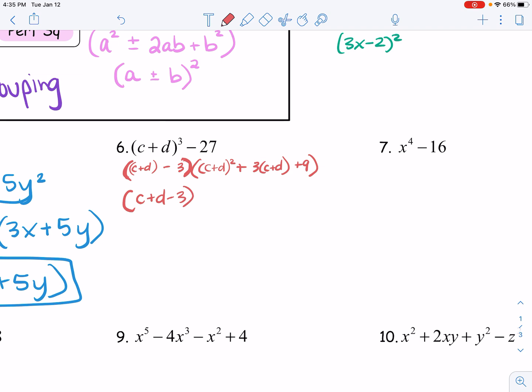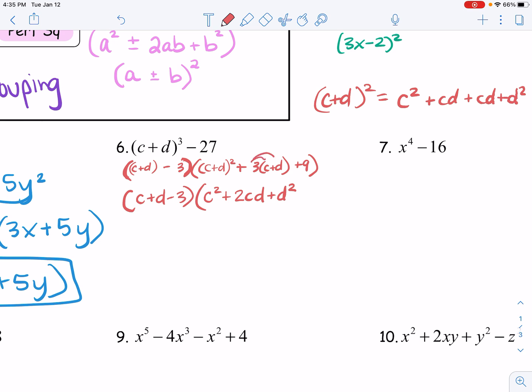However, I can do something with c plus d squared and the 3 times c plus d. So when I square, when I do that c plus d squared, that's really giving me first times first, outer, inner, last. So that's really giving me c squared plus 2cd plus d squared.